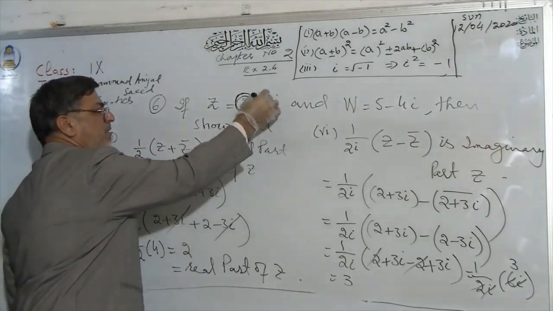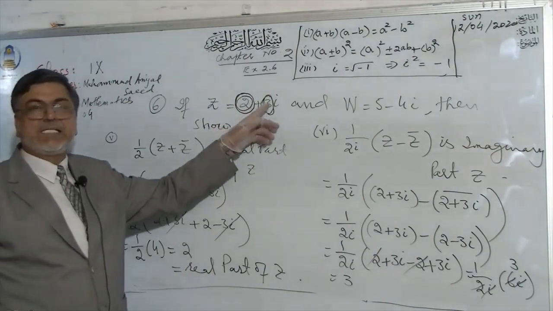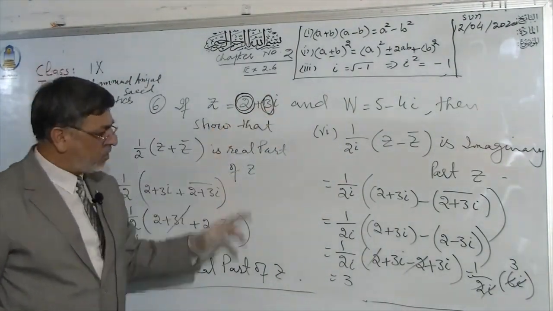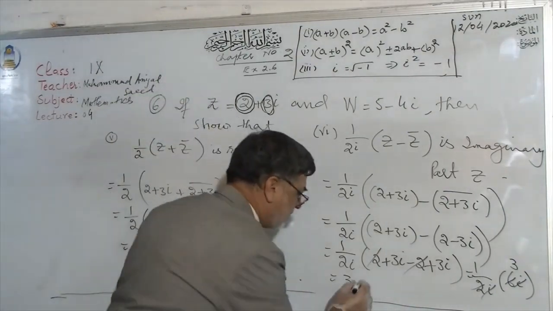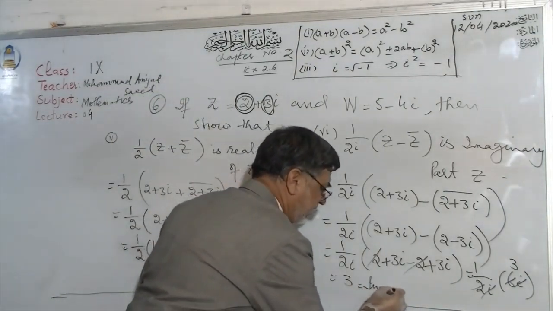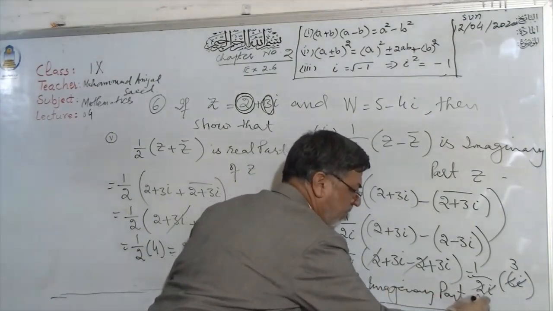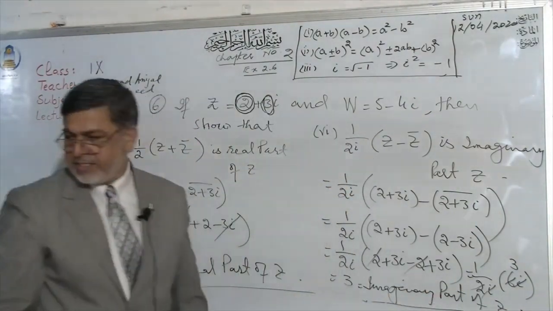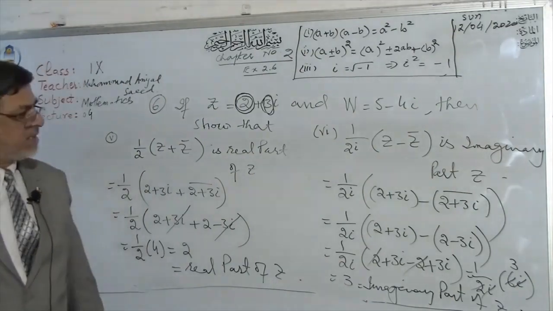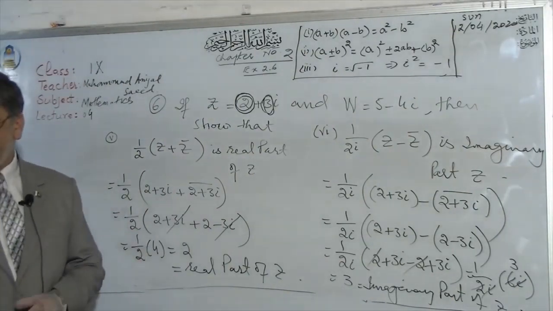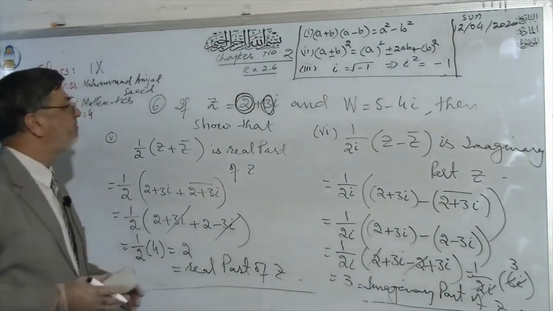Look, the number which is along with iota is always equal to the imaginary part of z. That is your question number 6. Question number 6 finished. After that we have question number 7.